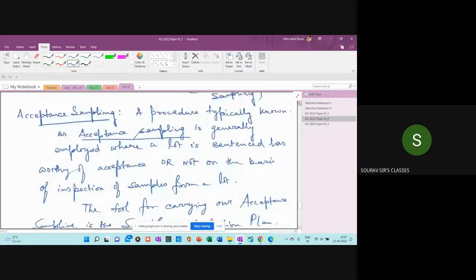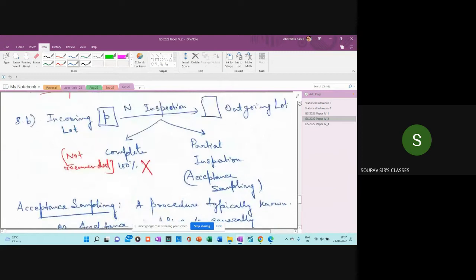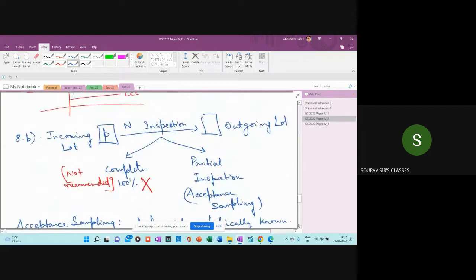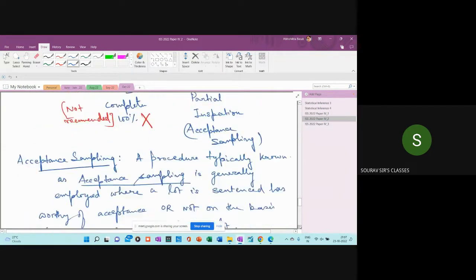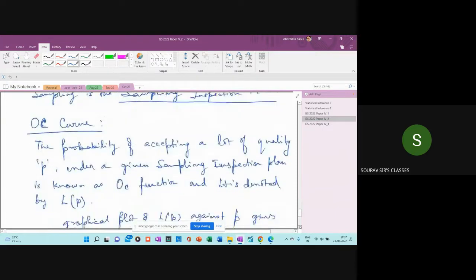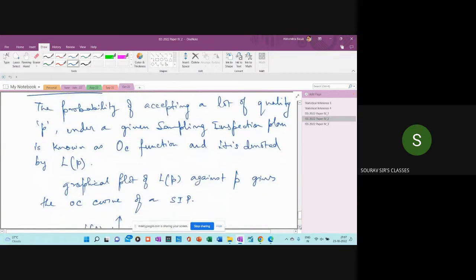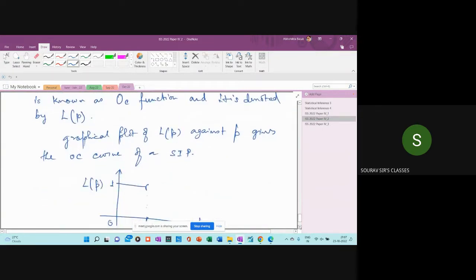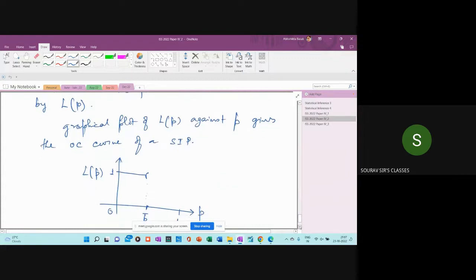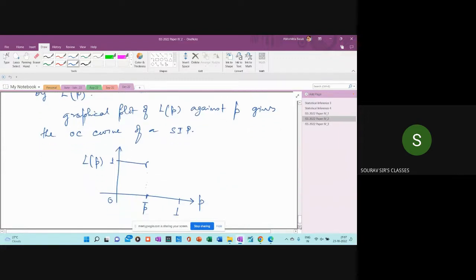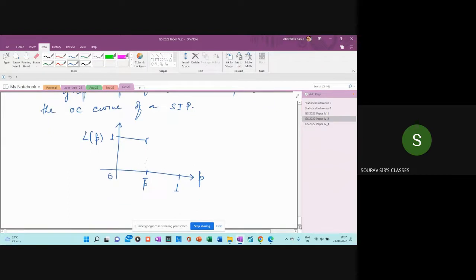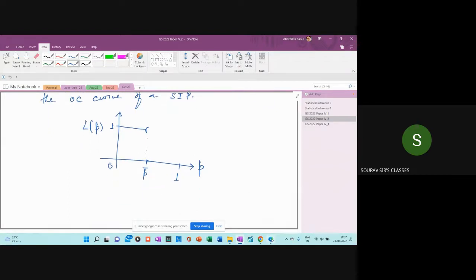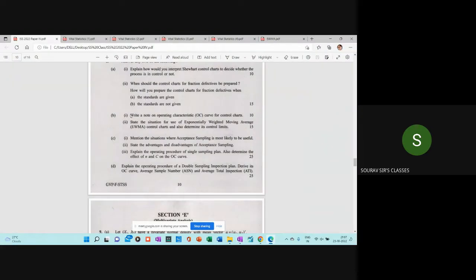We have defined what my inspection plan is and what my acceptance sampling is, and then we defined the OC function, and then the OC curve corresponding to any sampling inspection plan. And also we have drawn the ideal shape of an OC function, which corresponds to 8 part B question number 1, that is, write a note on operating characteristic curve of control charts.